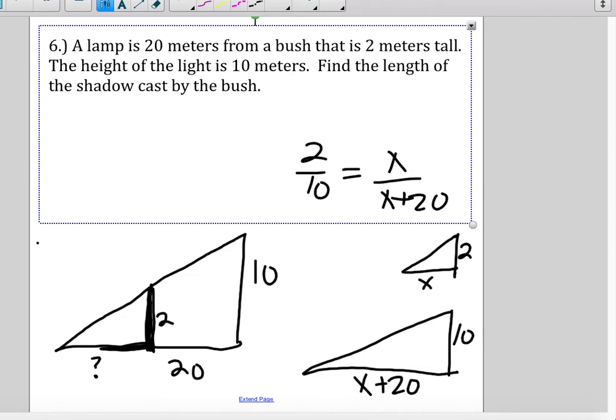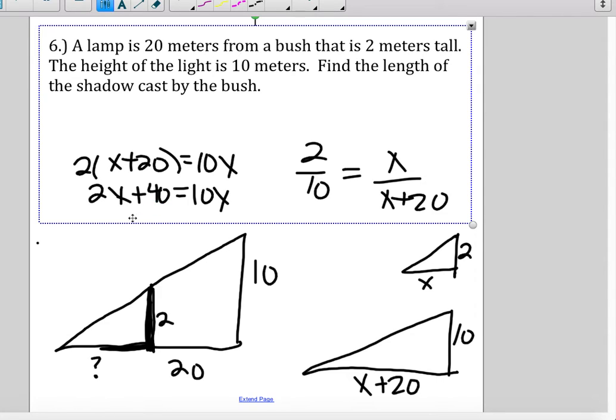And so we would want to set cross products equal to each other again. So 2 times our x plus 20 is going to equal 10x. Subtract 2x from both sides and divide by 8, and then that tells us that the length of the shadow was going to be 5 meters long.